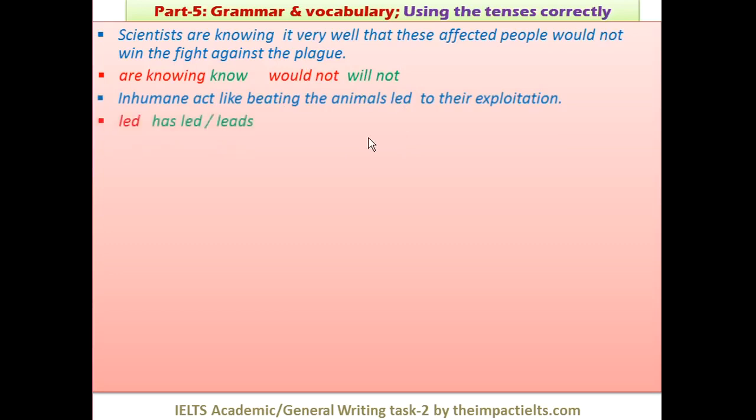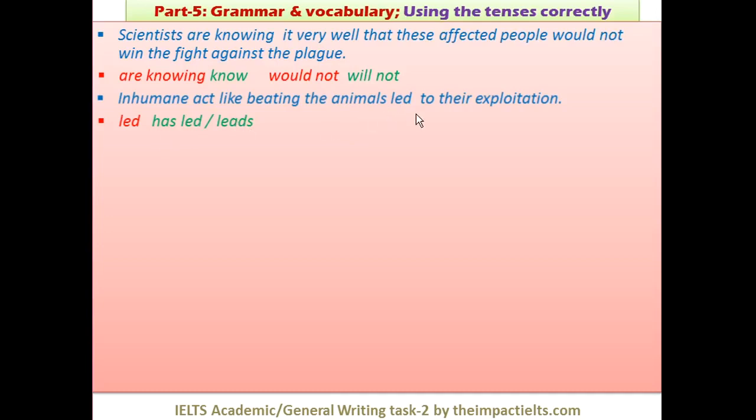Okay, let's see what's the mistake here. Well, that's a bit tricky type of mistake, right? Actually, this is just in context with the writing task. When you write such a thing which is connected to the present, this is a bit advanced level, right? Connected to the present, and we write such sentences like "has happened". So better use the word "has led" or "leads".